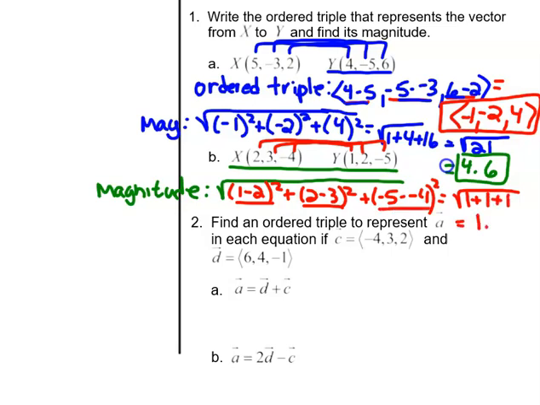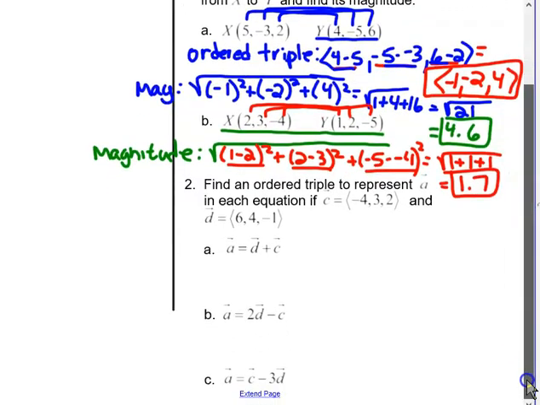And the square root of 3 ends up being about 1.7. Okay, so really we do it exactly the same way as we did 2-dimensional. It's just we have x's, y's, and z's to work with instead of just x's and y's.